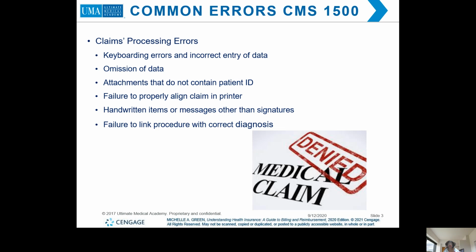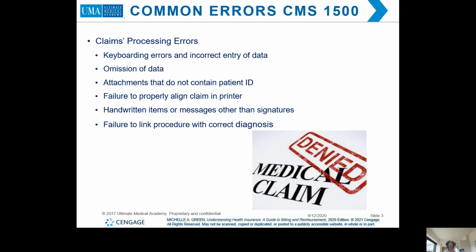Then you have to make attachments for that claim from the provider's documentation. And if you don't put the patient ID number on the documentation, the third party payer doesn't know whose data it is so that they can review it.